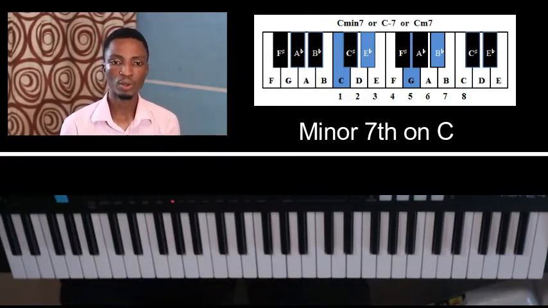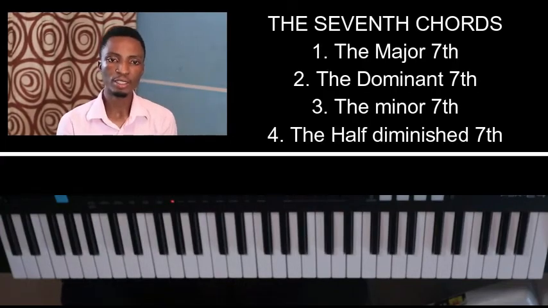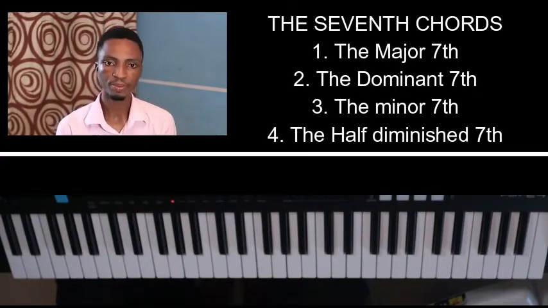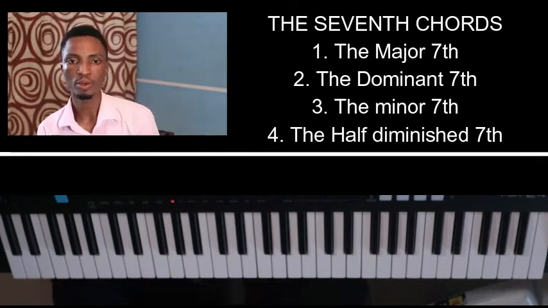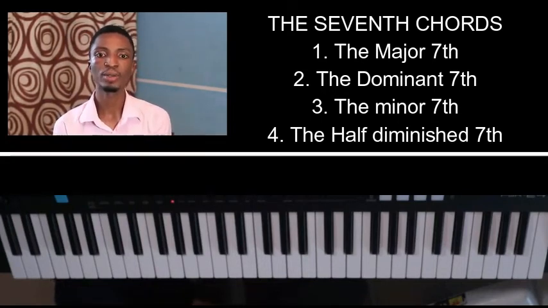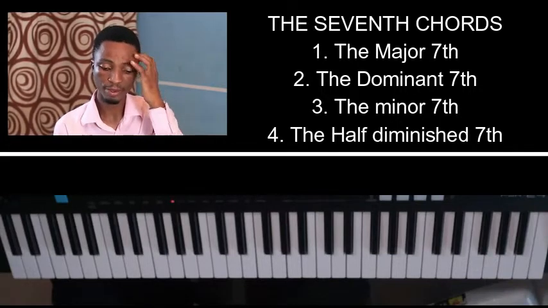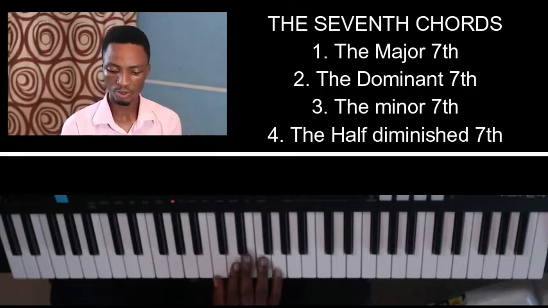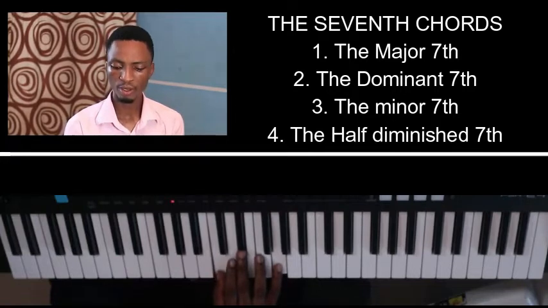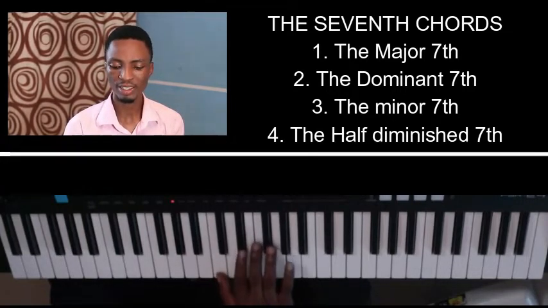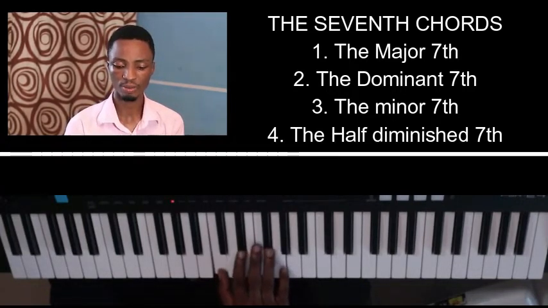The next 7th chord is the half diminished 7th chord. The half diminished 7th chord is built on a diminished triad, which is a minor triad with a flattened 5th. We've talked about this before. So this is a minor triad, the flattened 5th. So this is C diminished.